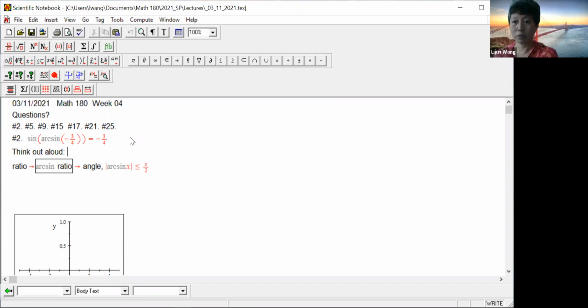There's some basic stuff that I emphasize over and over again, every single day. You know the input for arc sine is a ratio, and that ratio has to be between what? What does that ratio have to be between?